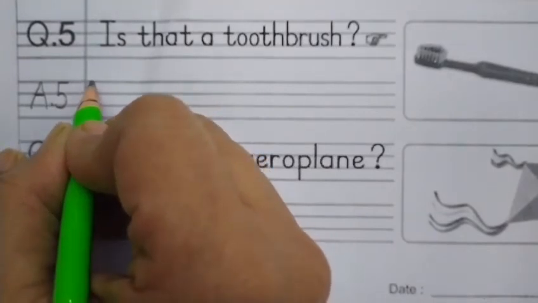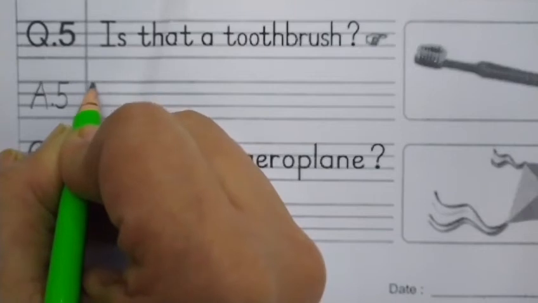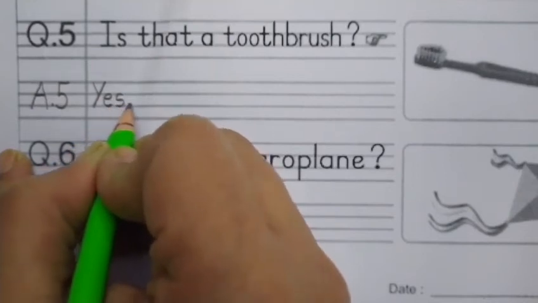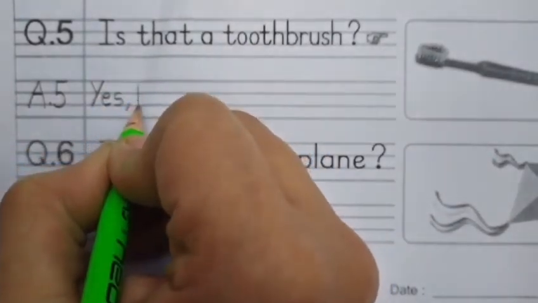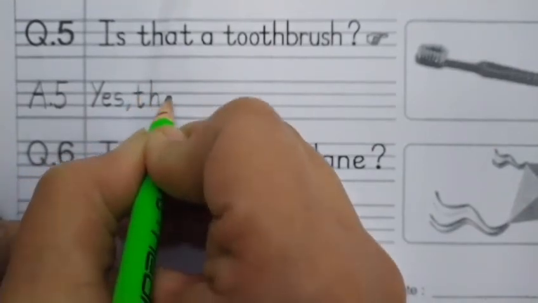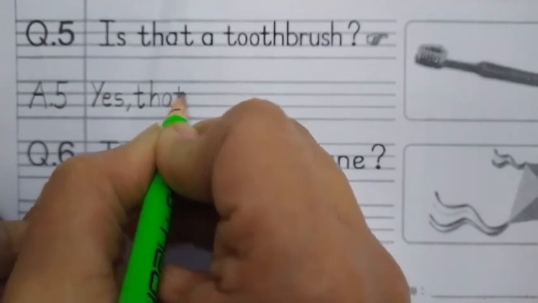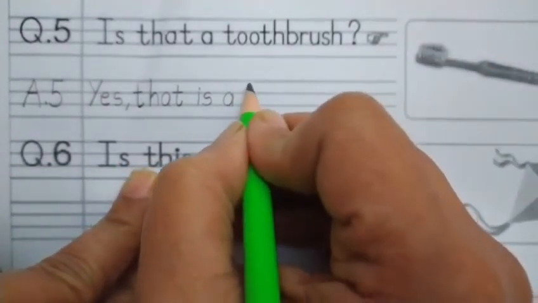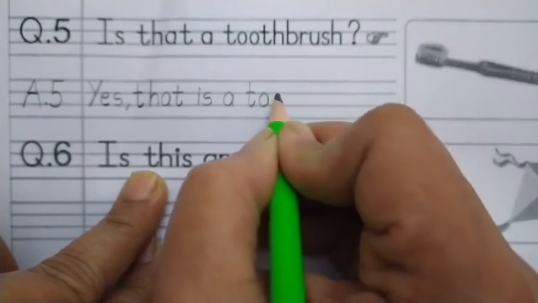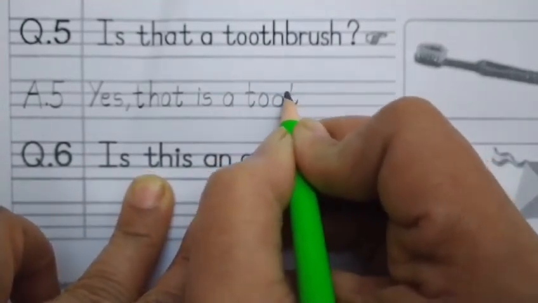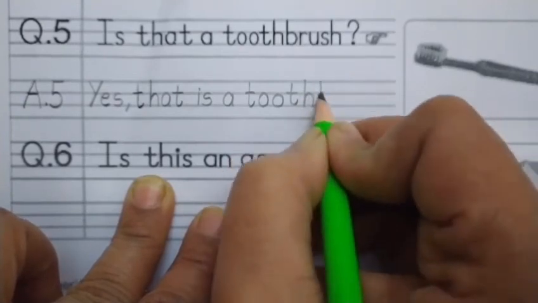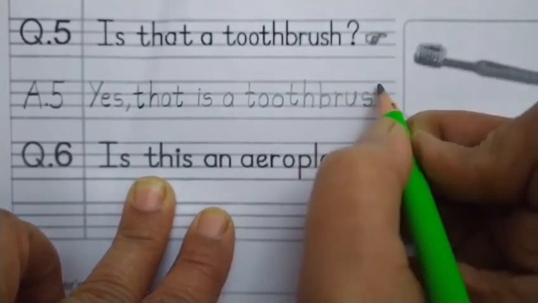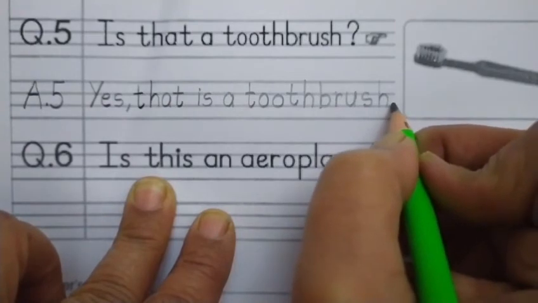Now, close to the margin, we will write capital Y. Y-E-S, yes, comma, T-H-A-T, that, I-S, is, a, T-O-O-T-H-B-R-U-S-H, full stop.